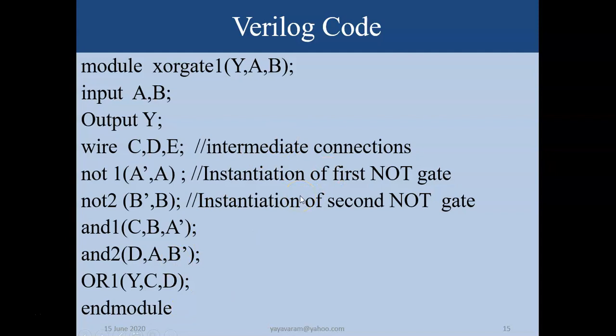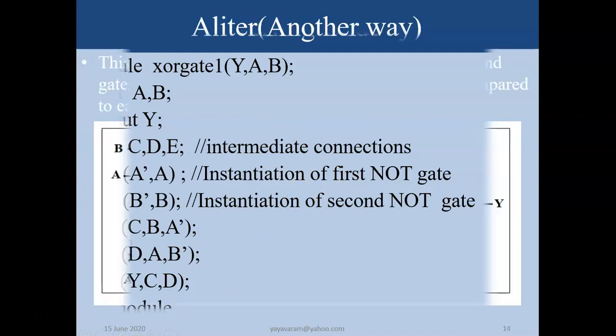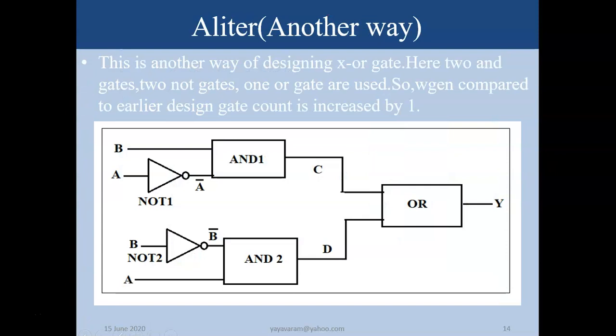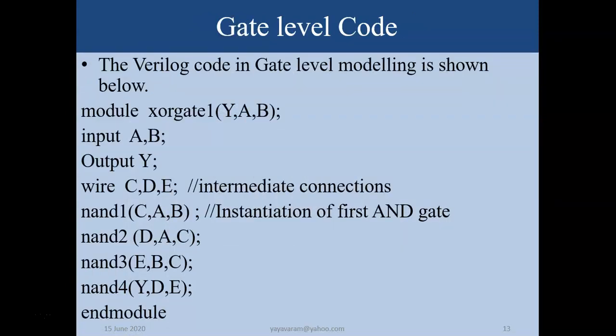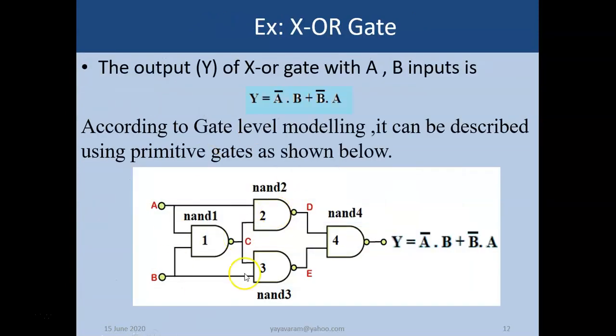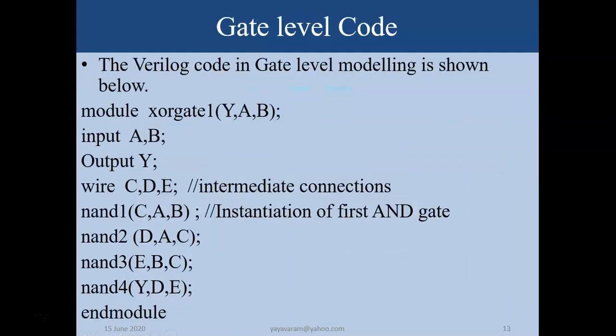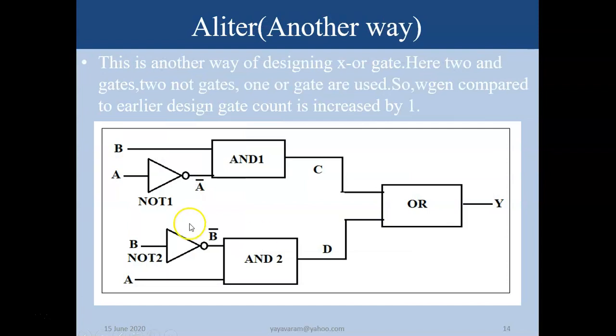We can define it by different methods. But what is the difference between these two? Earlier, I used 4 NAND gates. People have defined this same XOR gate with 5 gates. Which one do they prefer? Normally we prefer the design with fewer gates.